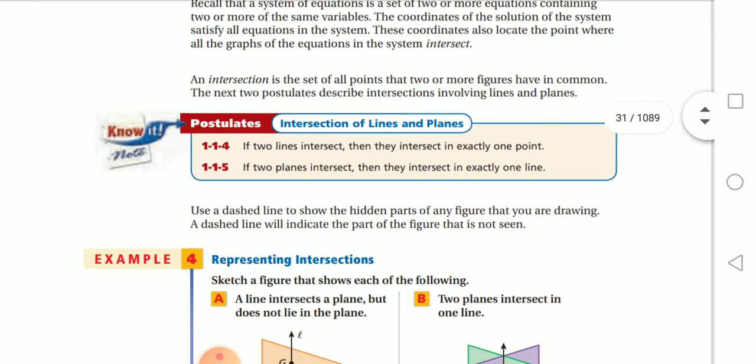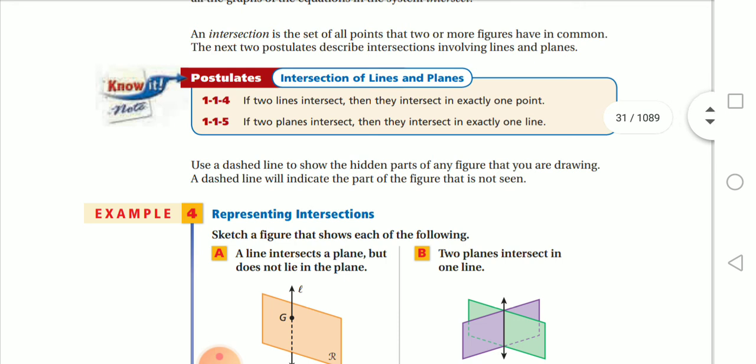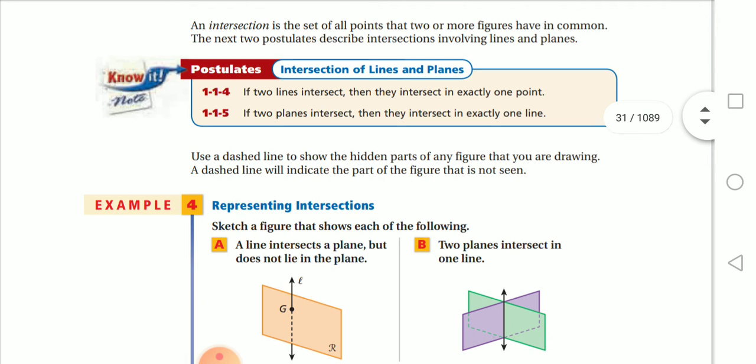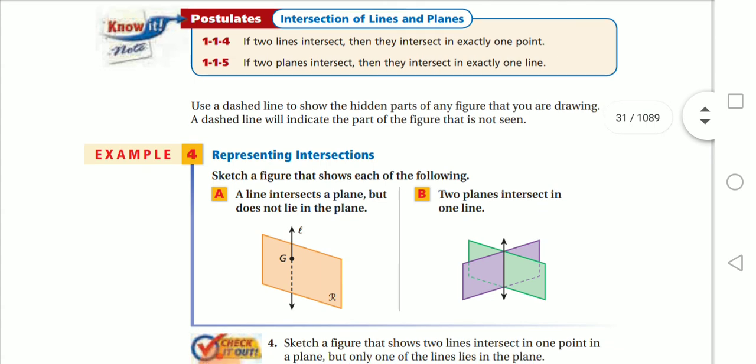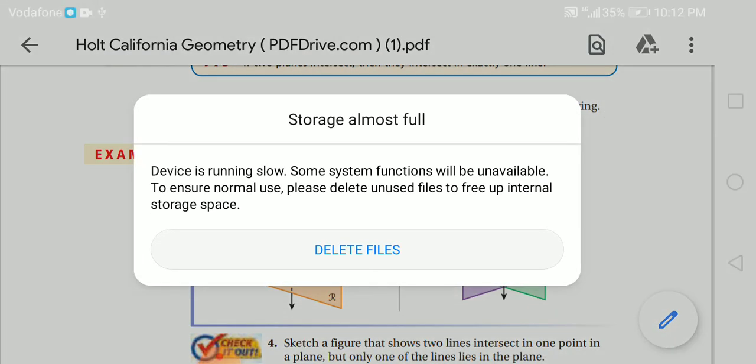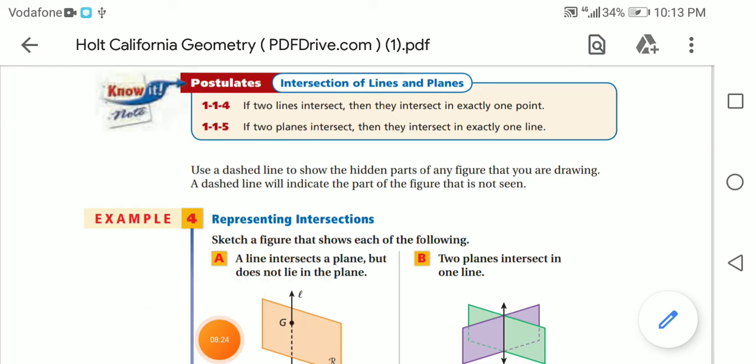So here I have the intersection. The intersection is the set of all points that 2 or more figures have in common. You know, the intersection of any 2 lines or any 2 figures. The next 2 postulates describe intersection involving lines and planes. So, postulates: intersection of lines and planes.